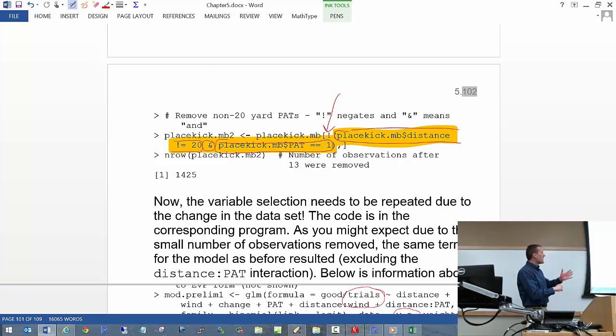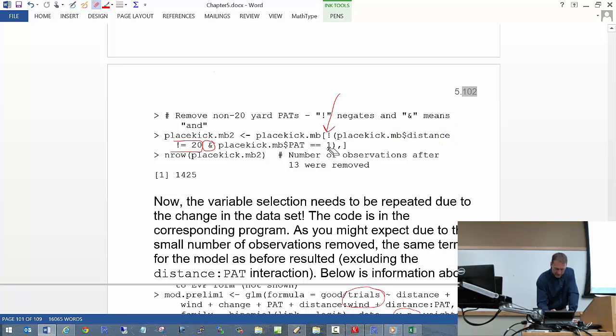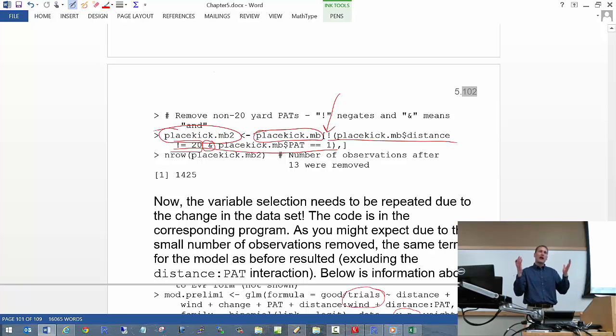So now, since I'm putting that in my row index here, notice what I'm doing. I have placekick.mb, and I'm going to tell which rows do I want? Well, I want the rows that are not non-20-yard PATs. I'm going to put that into a new data frame called placekick.mb2. And that's how you extract or throw away, you could say, all the non-20-yard PATs.